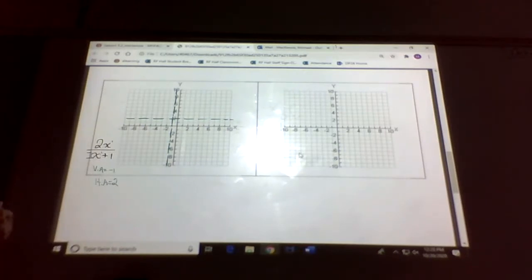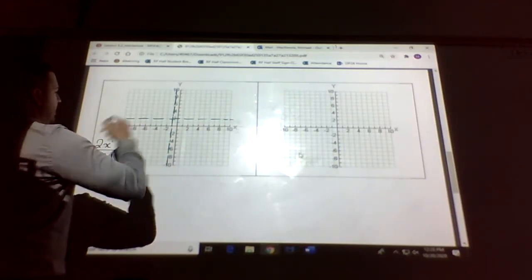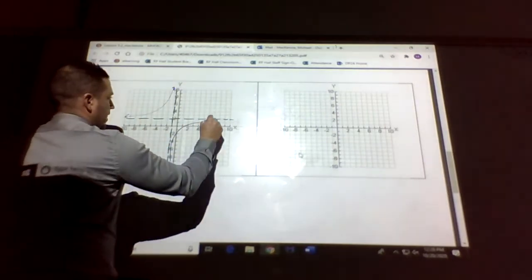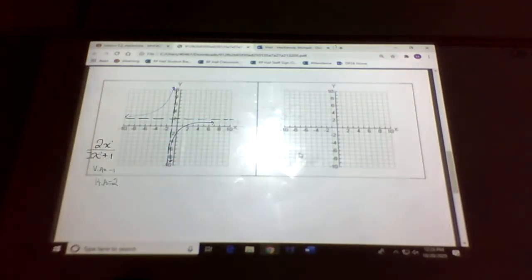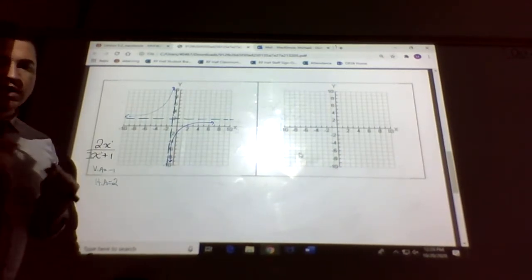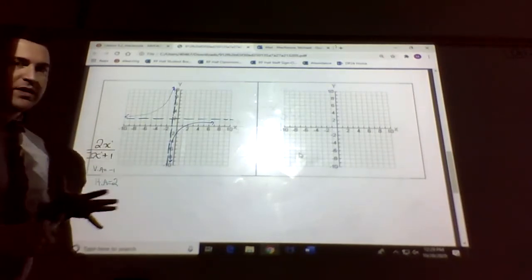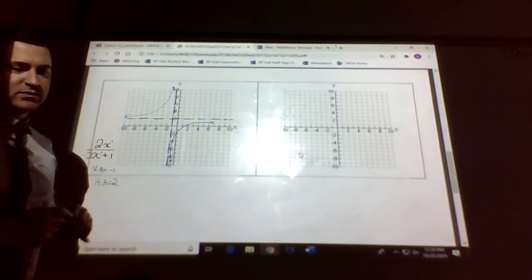For our purposes, I'm going to draw this in this quadrant and this quadrant. Don't worry about where it is at the moment. Right now, this lesson is for you to recognize the vertical asymptotes and horizontal asymptotes.